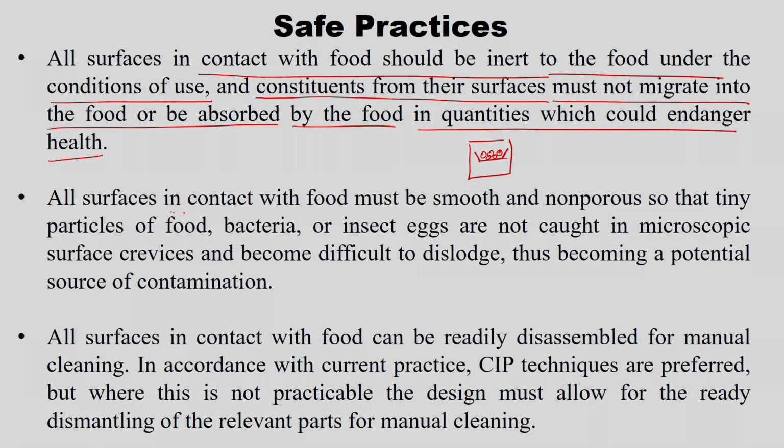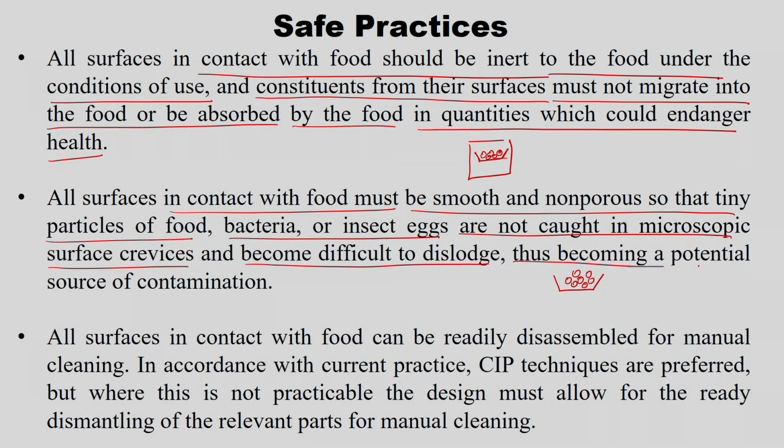All surfaces in contact with the food must be smooth and non-porous, because we should also avoid any pores in the surface of the tray where your food materials are kept, right. So that particles of food, bacteria, insect eggs are not caught in microscopic surface crevices and become difficult to dislodge, thus becoming a potential source of contamination.